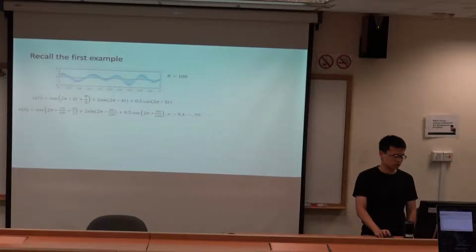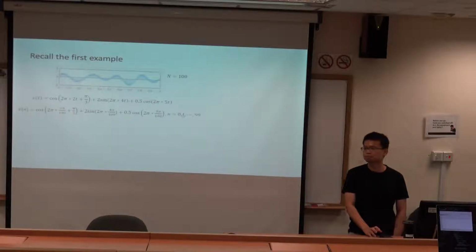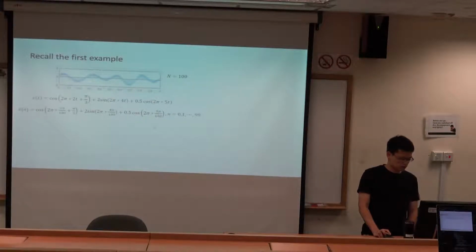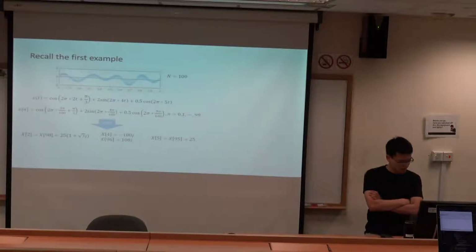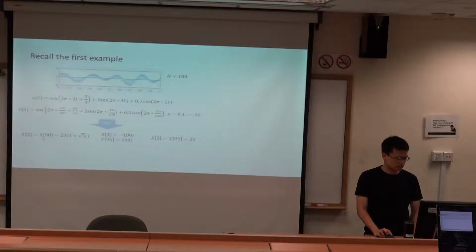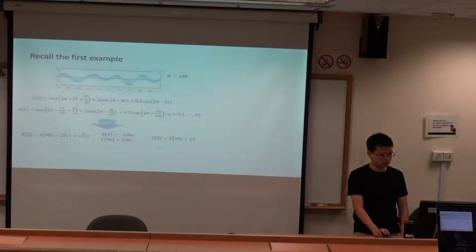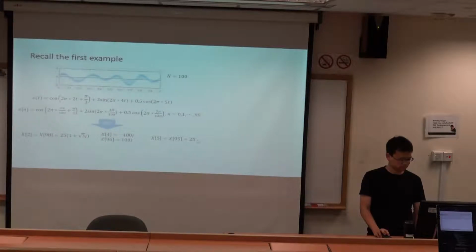Let's forget about the time. It's not 1 second, now it's 100 samples only. And we do the DFT. After the DFT, the result will be like this. X of 2 equals X of 98 equals this complex number. And X of 4 will equal minus 100j, and X of 5 equals 25.